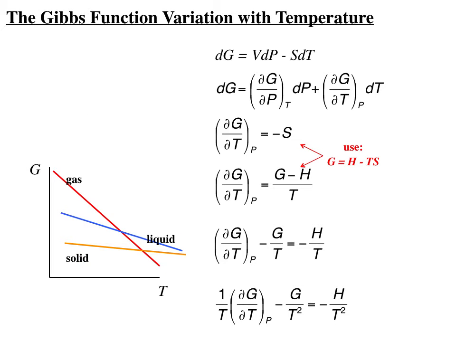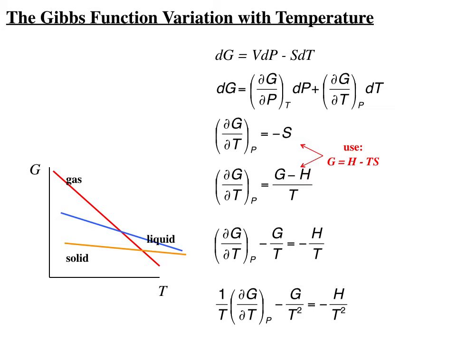Let's look at how we can study the variation of the Gibbs function with temperature. We can do so by beginning with the combined first and second law fundamental equation for the increment of change in the Gibbs function. That would be dG = V dP - S dT.